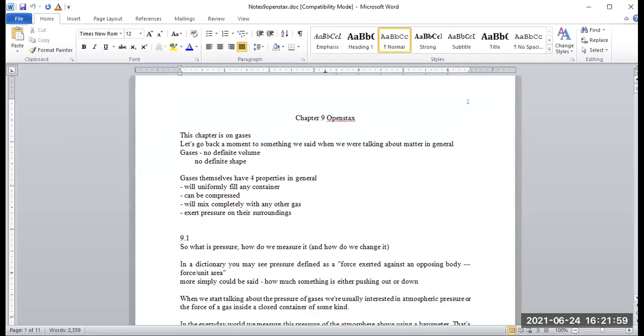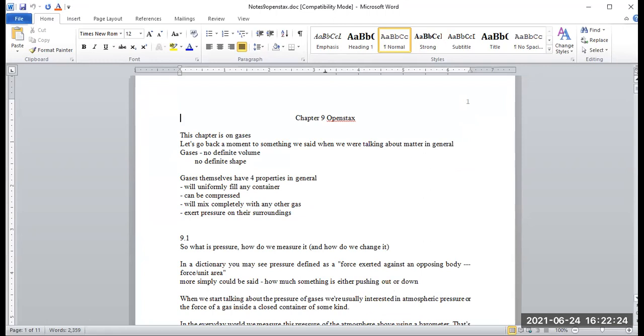We talked about the gases a little bit in chapter 1. We did some really basic concept stuff, almost middle school level. The main focus of the chapter 1 information was that when you have gases, they don't have a definite volume.